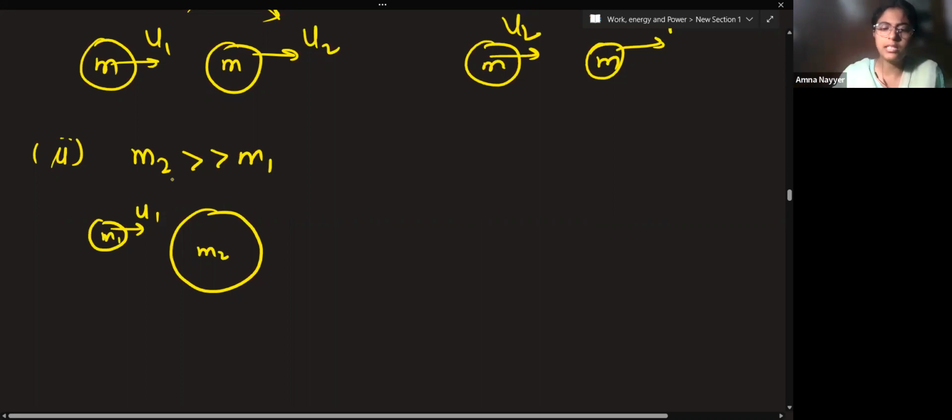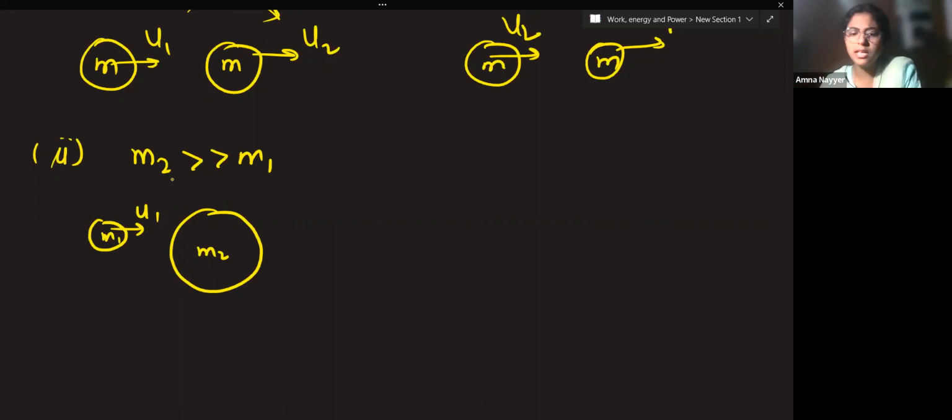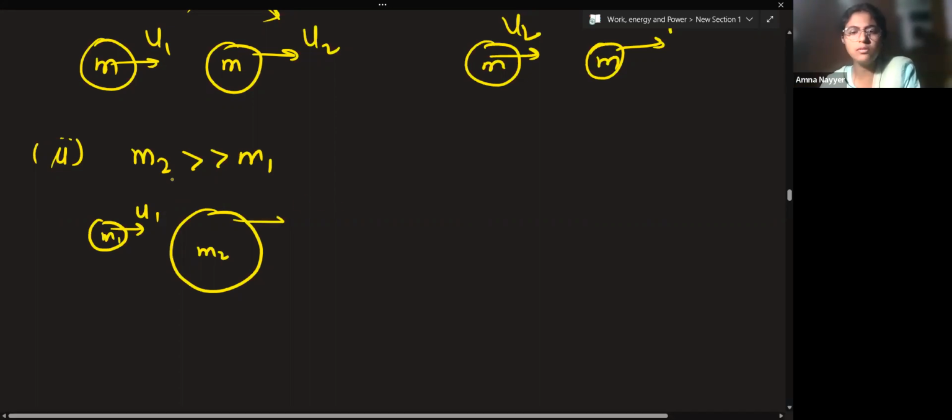Why? The reason is that the body M2 is so huge that its velocity will not even be considerable. Like this is M1, this is M2. So the velocity U2 will almost be 0.